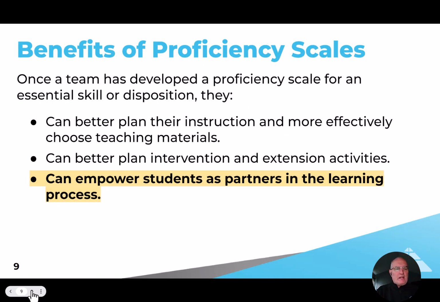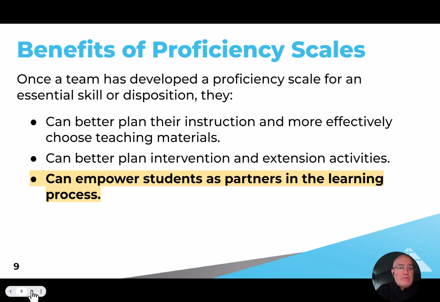One of the mistakes that I think we make when we plan interventions and plan extensions is that we don't have clarity around the different levels of performance that a student should take. And as a result, it's difficult for us to provide targeted interventions or extensions. So we might reteach, but we're not reteaching in a focused and intentional way that's designed to move an individual student from where they are to where they need to be.